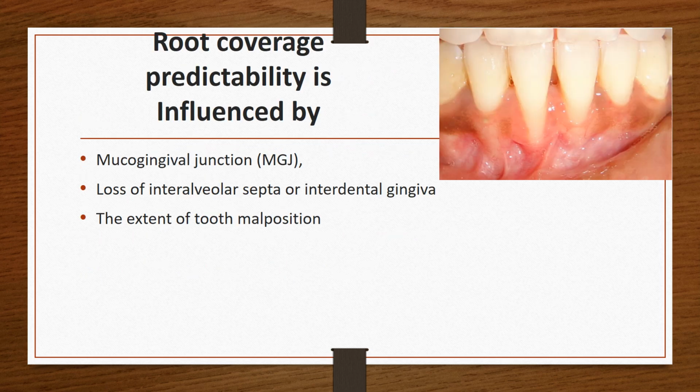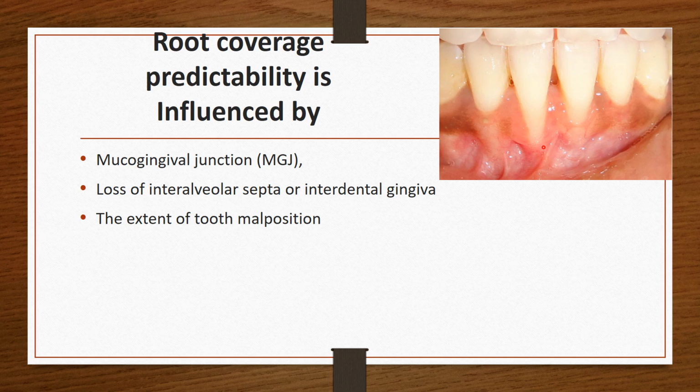So what is root coverage predictability? How can it be influenced? Mainly it is influenced by the mucogingival junction, the loss of interdental septa or interdental gingiva, and the extent of malposition. These are the three factors which determine the success of root coverage procedures.